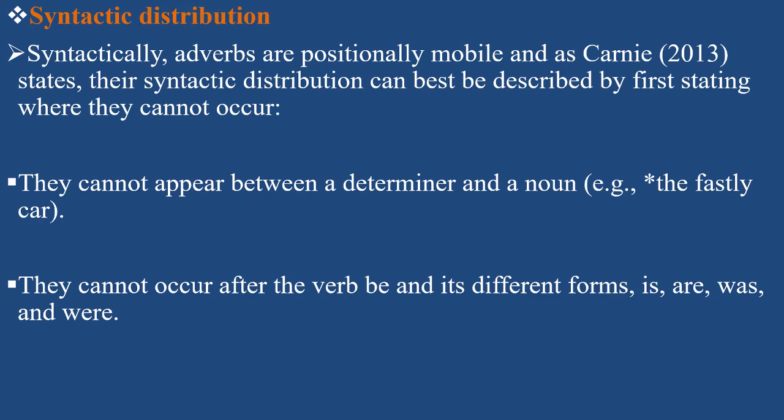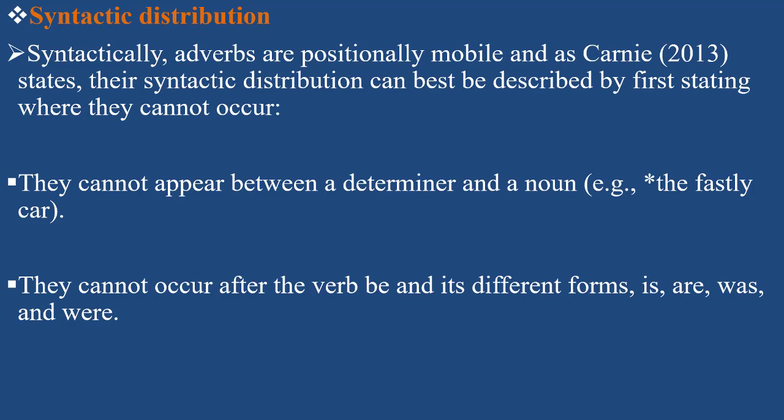Syntactic distribution. Syntactically, adverbs are positionally mobile, and as Carnie 2013 states, their syntactic distribution can best be described by first stating where they cannot occur, so that you can know where they occur. They cannot appear between a determiner and a noun. For example, the car, we cannot say this.